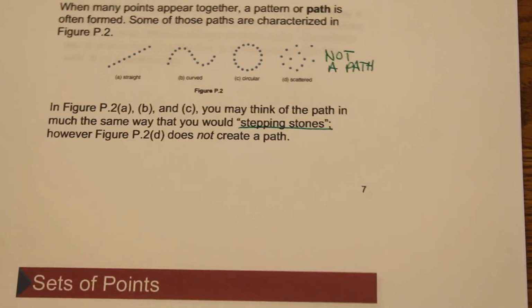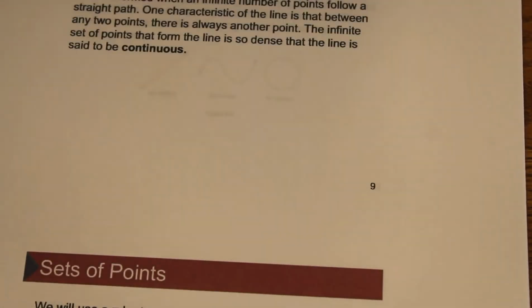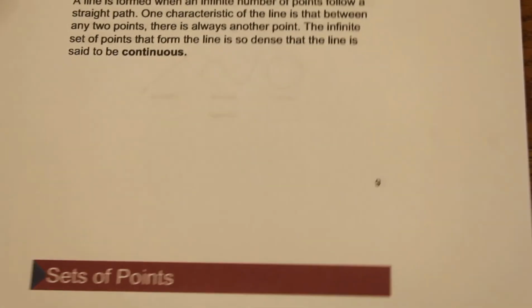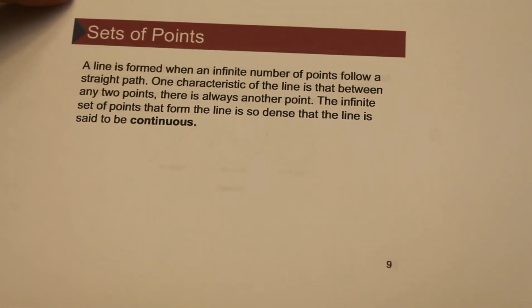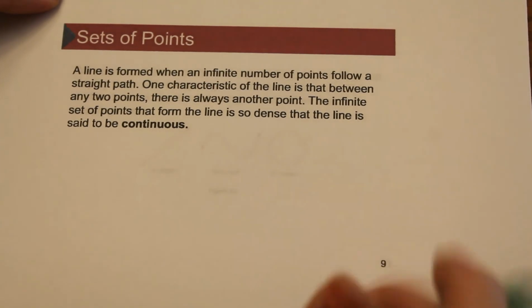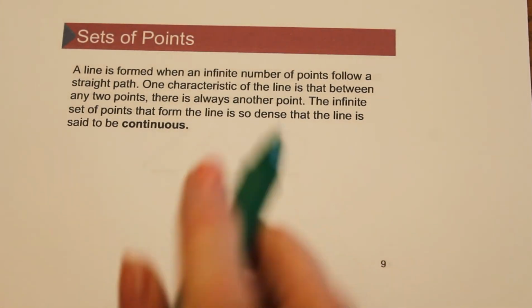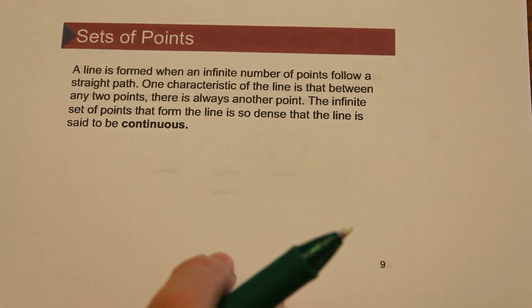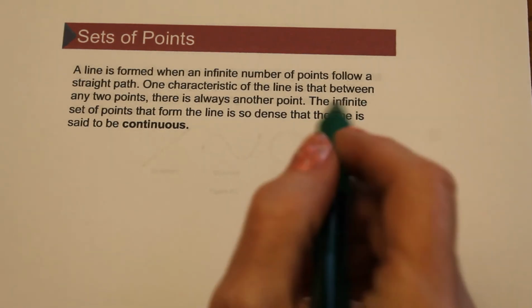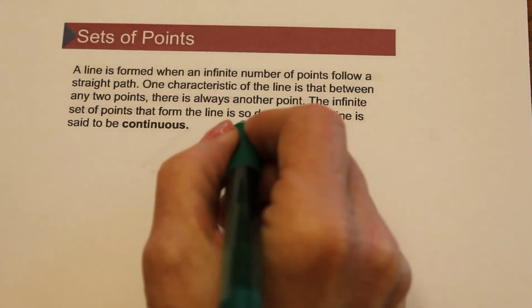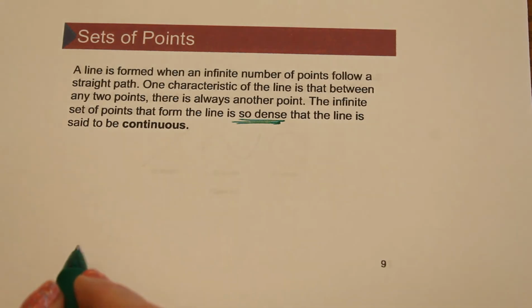So let's go back and continue to look at more information about our sets of points. A line is formed when an infinite number of points follow a straight path. A characteristic of a line is that between any 2 points, there is always another point, and there's an infinite number of points, so it's really dense.